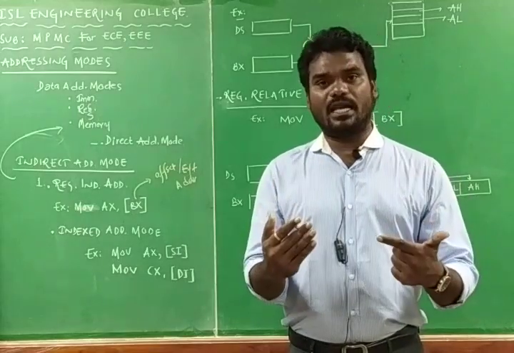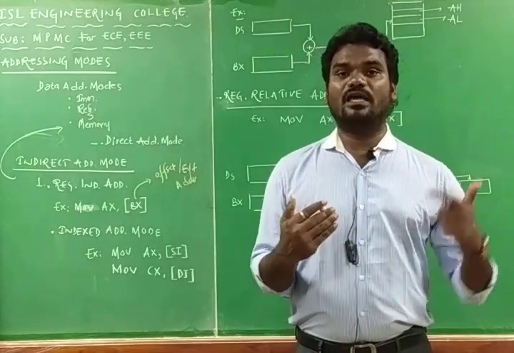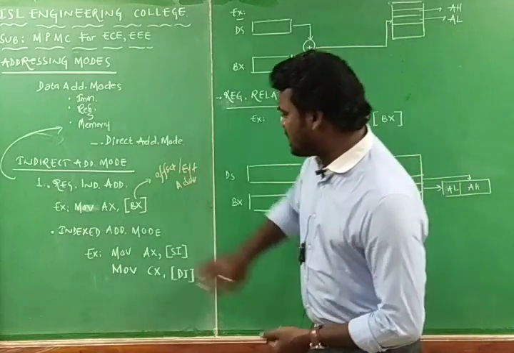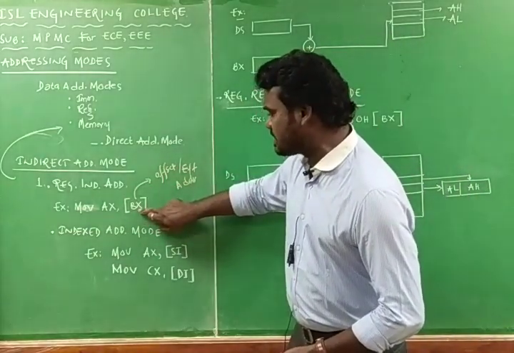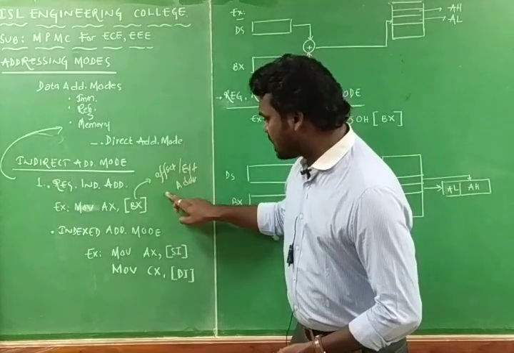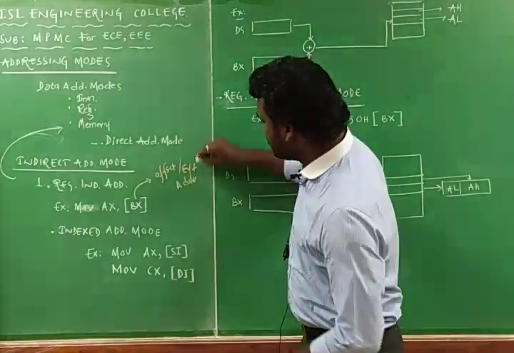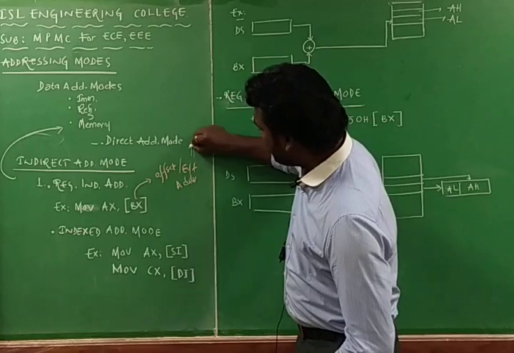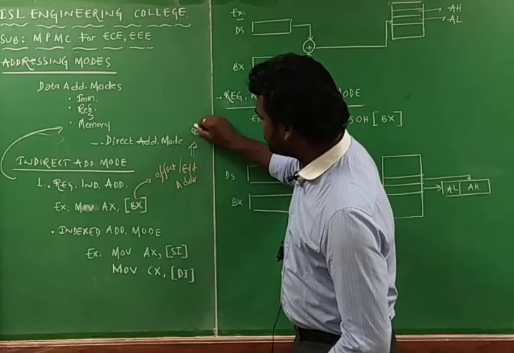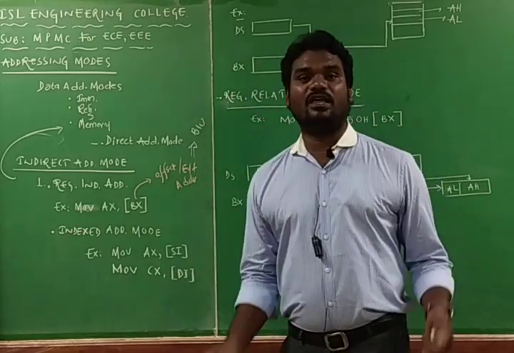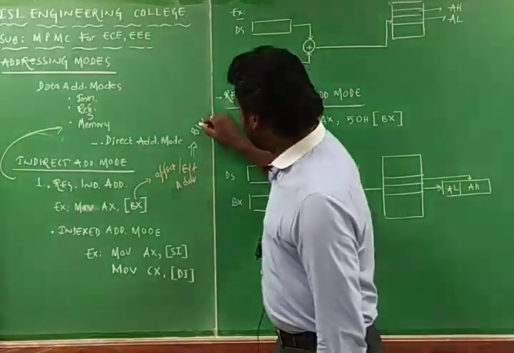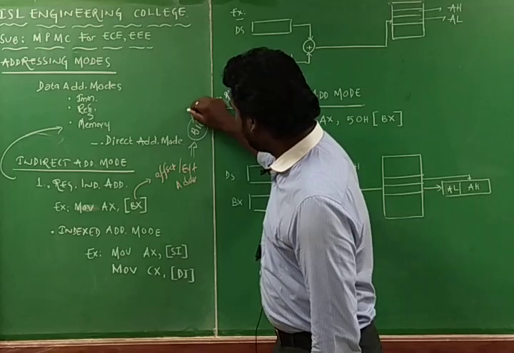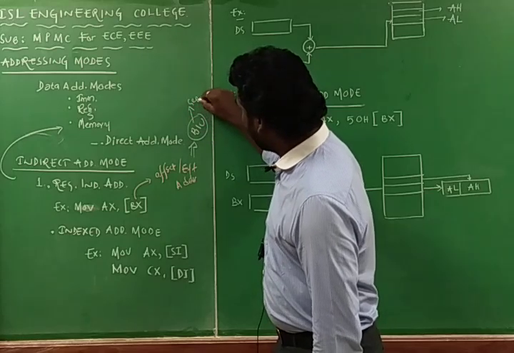To have the physical address we require the segment address as well. So the offset address that BX is holding will be given to the bus interfacing unit, where we have the segment address.